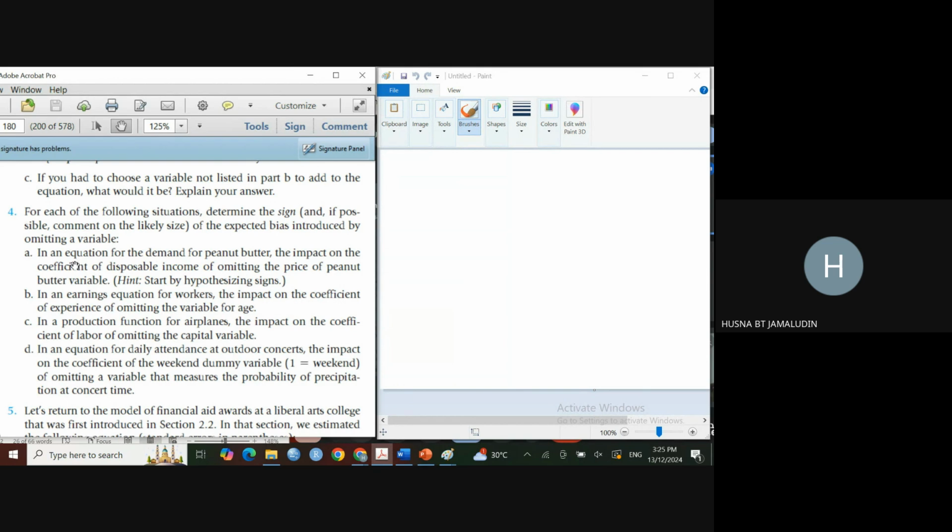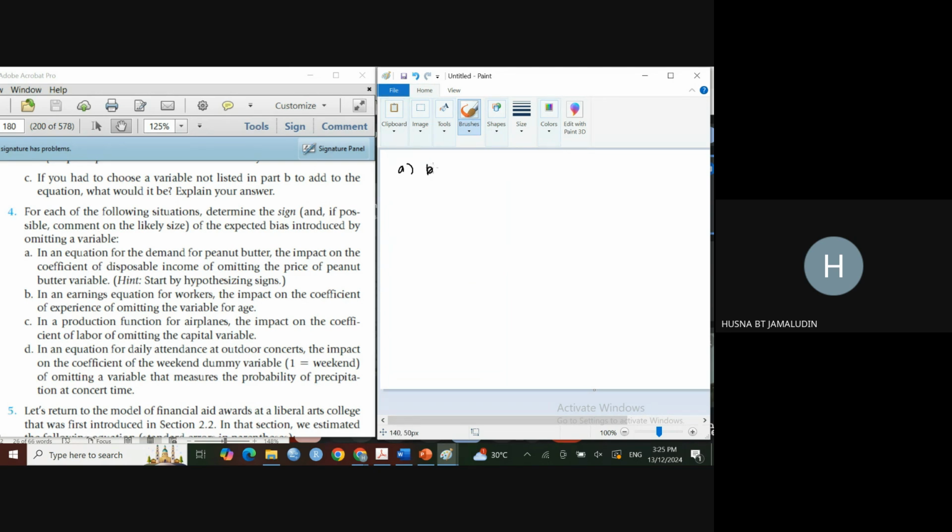Okay, number 1. In an equation for the demand for peanut butter, the impact on the coefficient of disposable income of omitting the price of peanut butter. Okay, so this is A. Demand and consumption for peanut butter are the same, right?